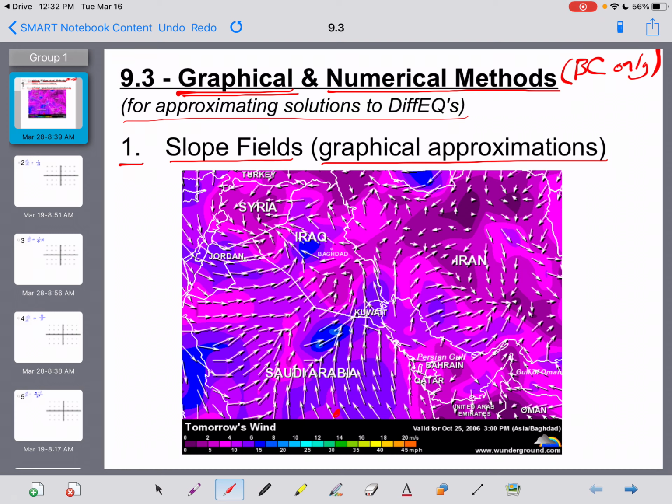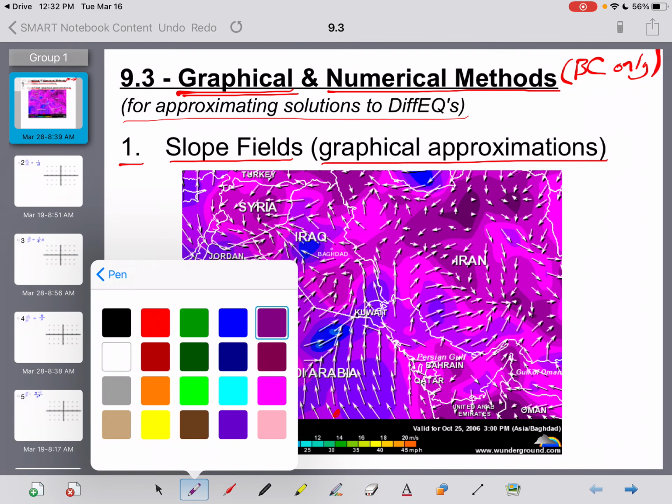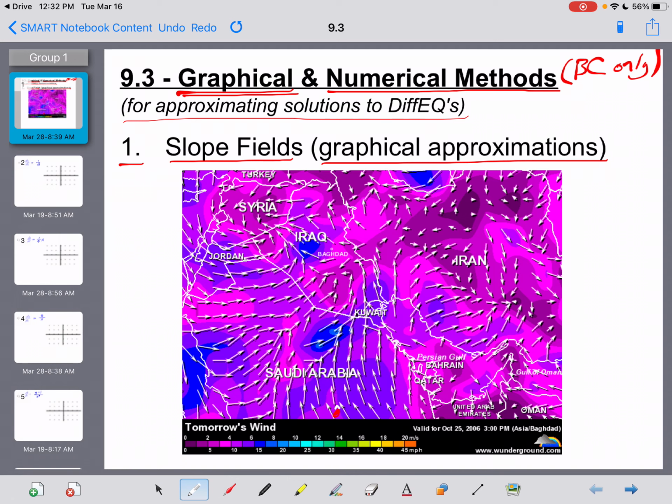Let's see, trying to think of the best color here to make that easier to see for you guys. Actually, I wonder if white would work well. If I dropped something right about here in Saudi Arabia and I asked you guys where this thing would go, you could approximate the path that this object might take by following the direction, here's a little swirl here, that this thing might end up taking.